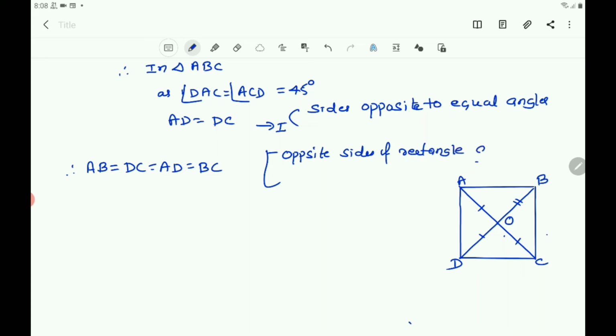So from the first result, and also because opposite sides of a parallelogram are equal, you got all four sides equal, and it is already given that the angles are right angles. Therefore, ABCD is a square.